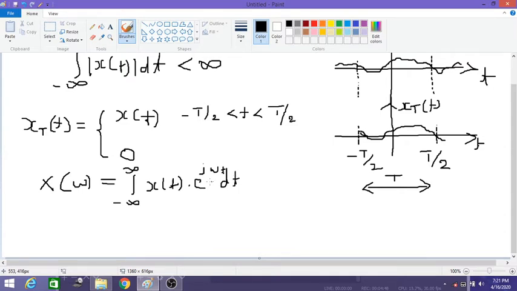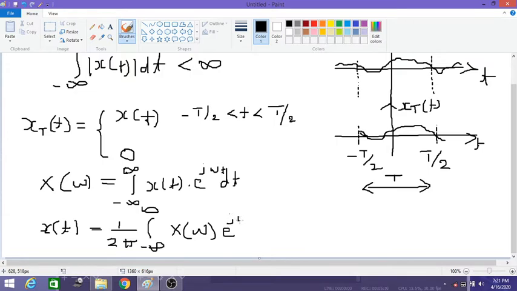This is the definition of the Fourier transform, and the inverse Fourier transform is defined as follows. If you want to get back the time domain signal from the frequency domain, then it is written as x of t is equal to 1 by 2 pi times the integral from minus infinity to plus infinity of X of omega into e power j omega t into d omega.